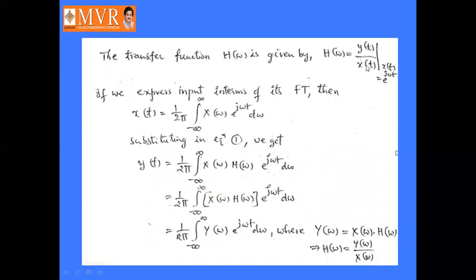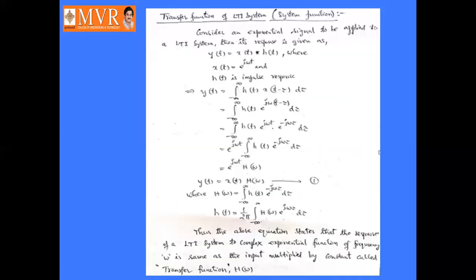This is represented in terms of the time domain. This is represented in terms of the frequency domain. This is the transfer function of the system, also called the system function. This is the transfer function of the LTI system, or system function.